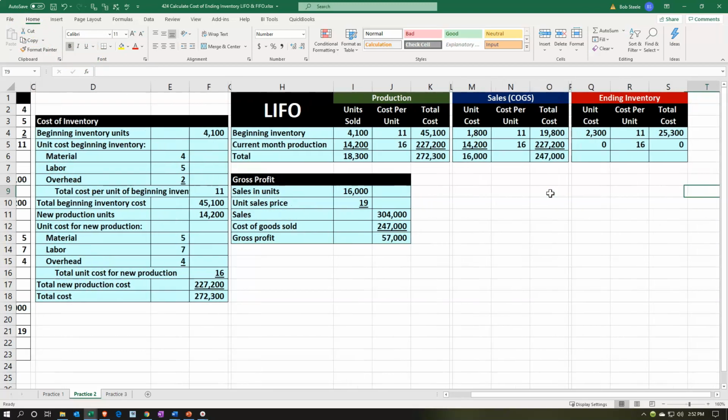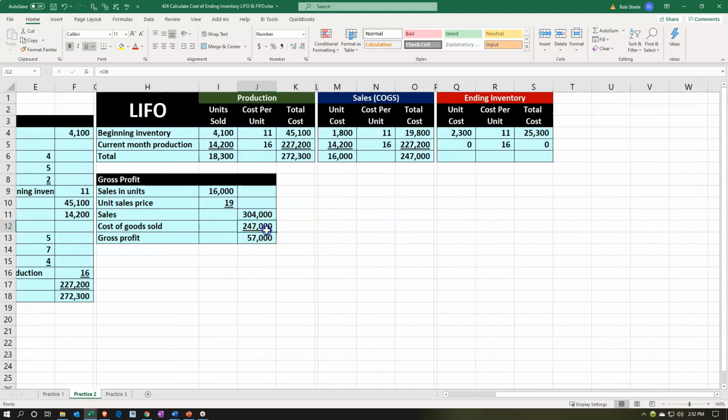So note that the cost of goods sold here is now, using LIFO, higher than it otherwise would be, making the gross profit and therefore net income at the bottom line of the income statement lower. So it makes us look kind of worse, which you only want to look worse usually for taxes. Now, if these two were reversed, meaning we had decreasing prices over time, which is unusual but can certainly happen, then the opposite would be true.